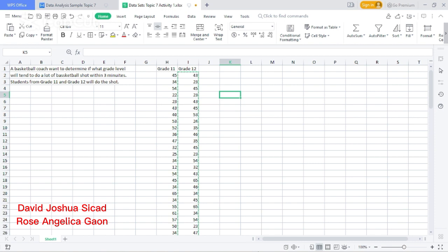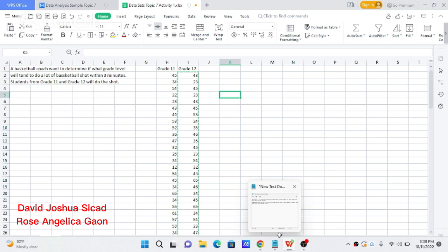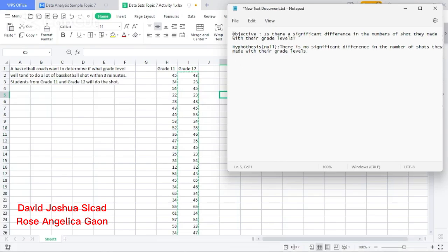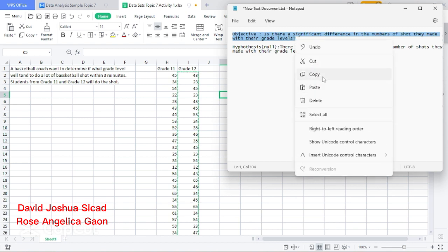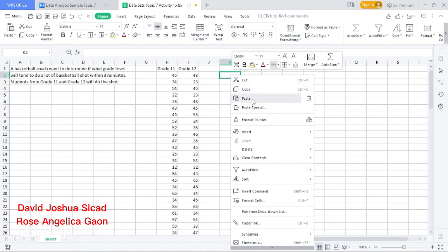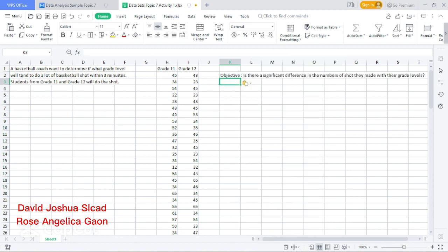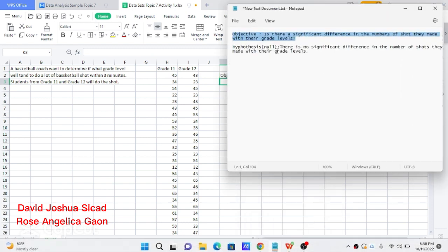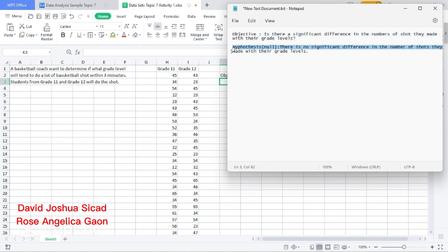This is our objective and the hypothesis.